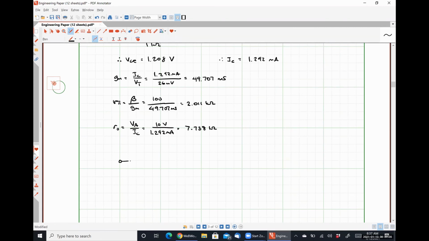So if we draw our small signal model of our circuit, here's where r_pi goes. This is V pi. Emitter, base. This is gm V pi.